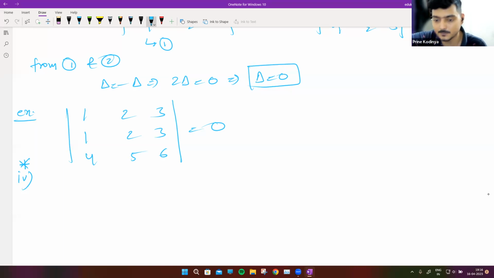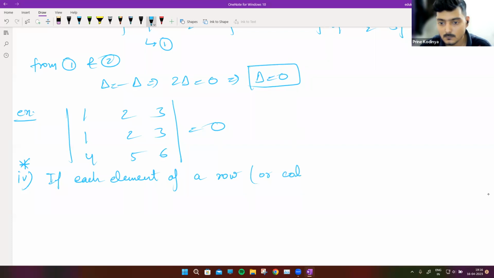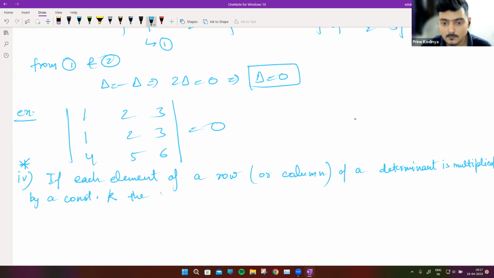Okay. So they are saying that if each element of a row, then the value of the determinant gets multiplied by k.